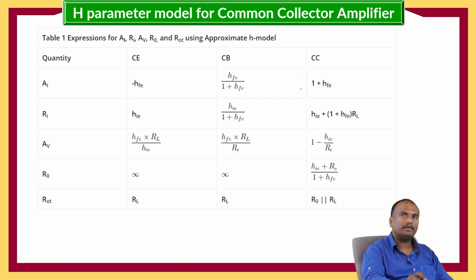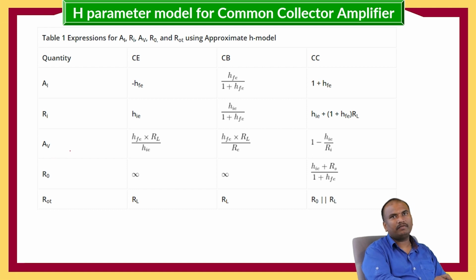The input impedance is equal to HIE in the CE configuration, HIE by 1 plus HFE in CB, and HIE plus 1 plus HFE into RL in CC.